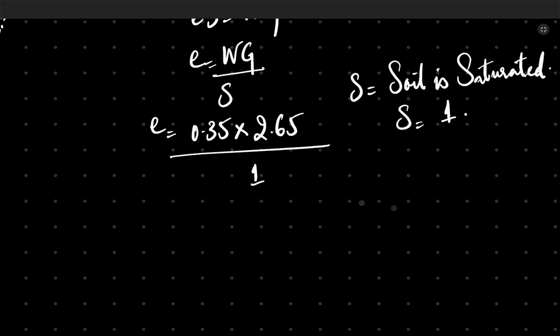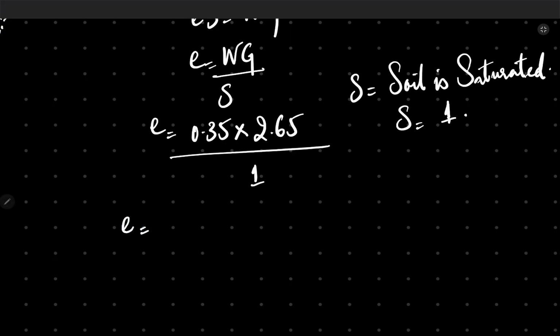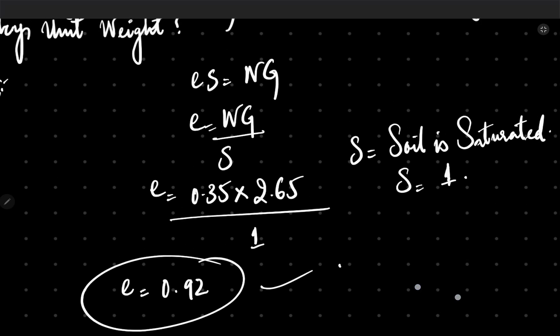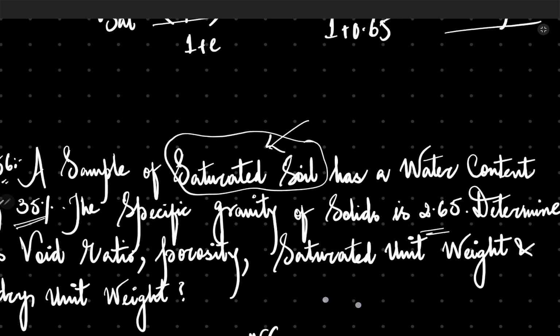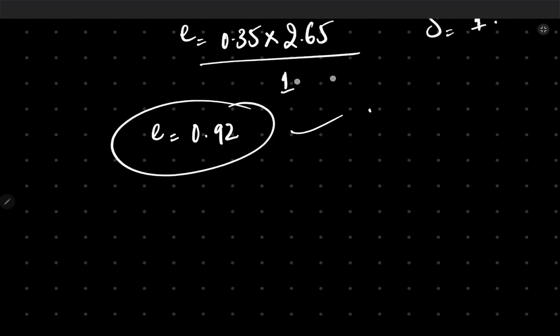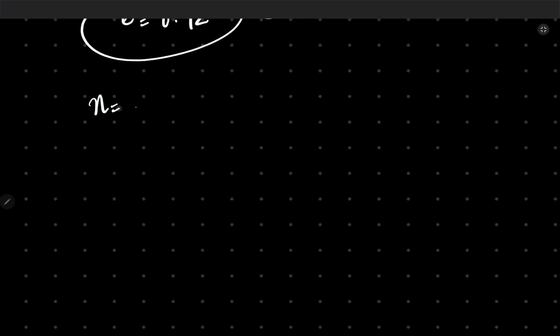All right. So e is 0.92. Now we have to determine porosity. When we know the void ratio, we can very easily determine the porosity.